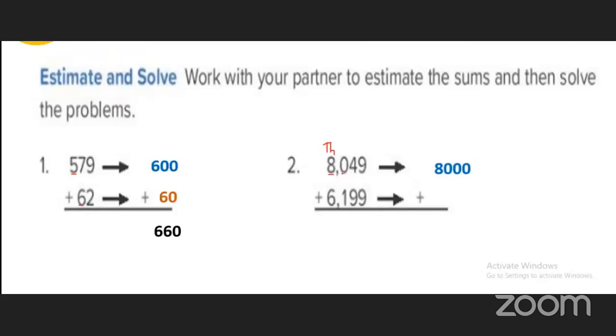Why? Because this is 4. Then 6,199 will be estimated to 6,000 because 1 is small. Okay, so 6 doesn't change. The result will be 14,000. So this is after estimation, so it's not an accurate result because we made estimation first.